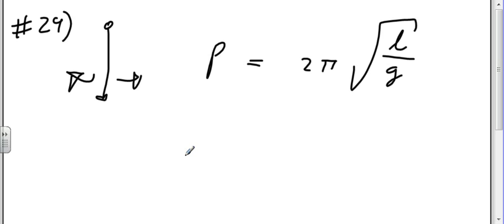Okay? And I take it over to Omaha. Is it going to keep perfect time in Omaha? No, it's not going to, because the length is the same, but I change gravity between here and Omaha.